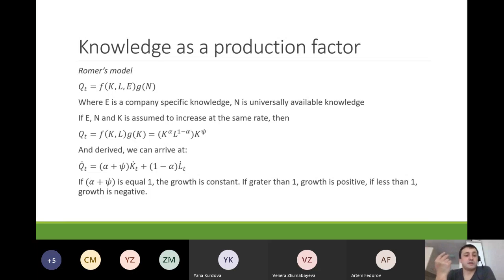So Romer's model extends the Cobb-Douglas function using knowledge as a factor of production as well, and it differentiates between 2 kinds of knowledge: company-specific knowledge and universally available knowledge. I'm not going to spend any more time on that. I just want you to know that there are ways to extend the original production function, which is way too simplistic, by using other factors, and I'm going to go on.